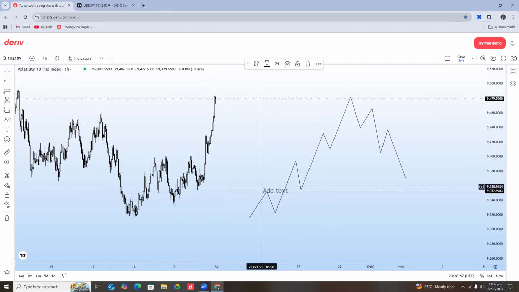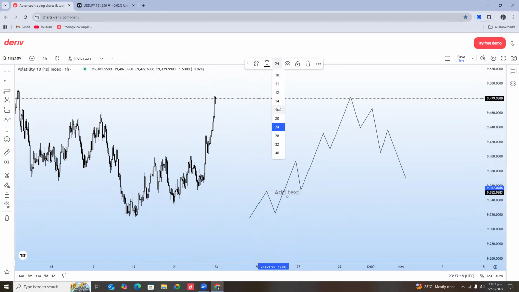Okay, this higher high. When the market goes through it, we say that there has been a break of that high structure. So we say there is a break of structure. So let me take the higher high off, and then I'm going to do something like this.